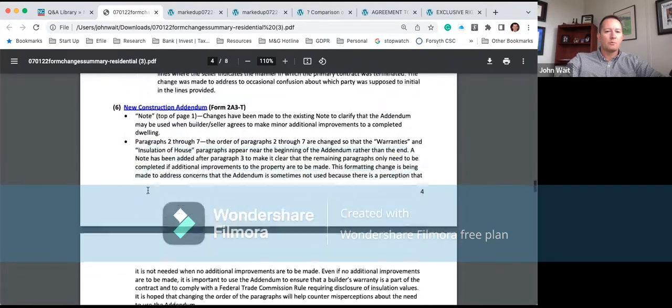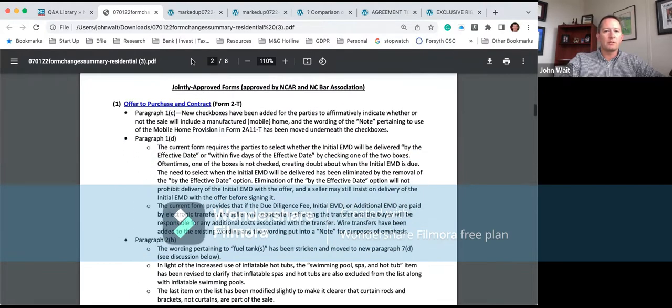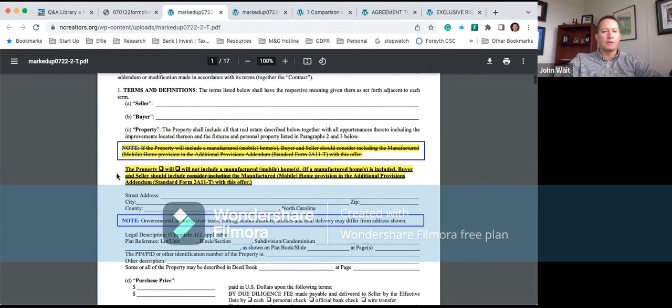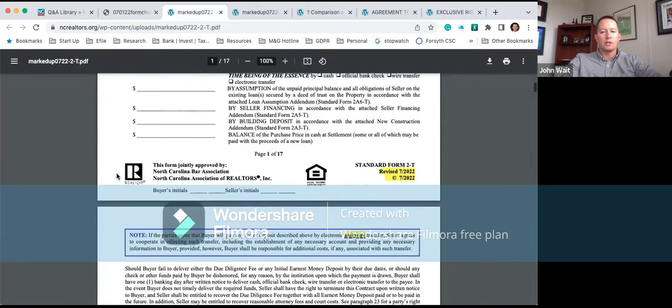Any form that got a change has a hyperlink. If you click on those hyperlinks, it will take you to this. So this is 2T with all the changes in it highlighted. So you can see here, it went from a note to this right here. And we're going to go through these sorts of changes today.